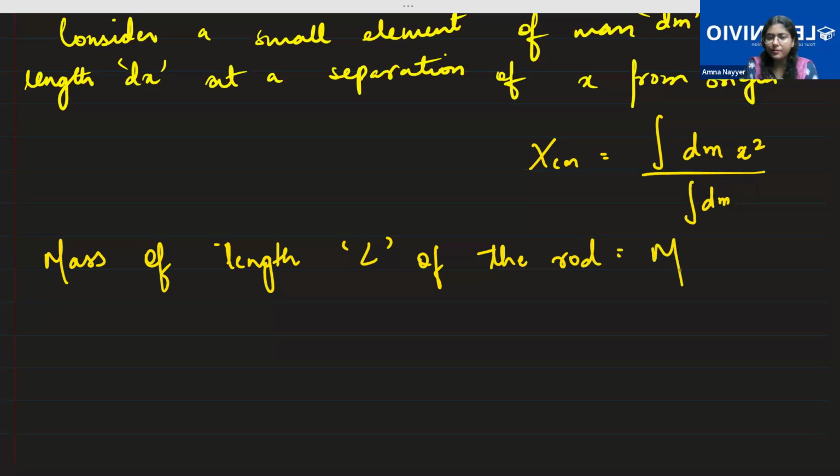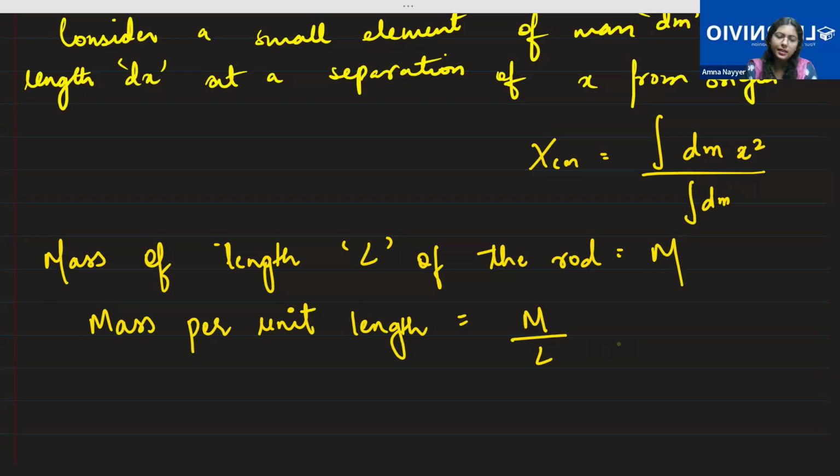Mass of the rod of length L is capital M. Now, mass per unit length is M by L. If I know something for a unit, I'll be able to calculate it for the entire thing. Like if you know 10 pens cost rupees 100, you know one pen will cost 100 by 10, that is 10 rupees.